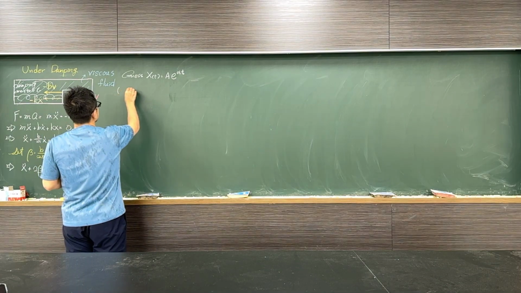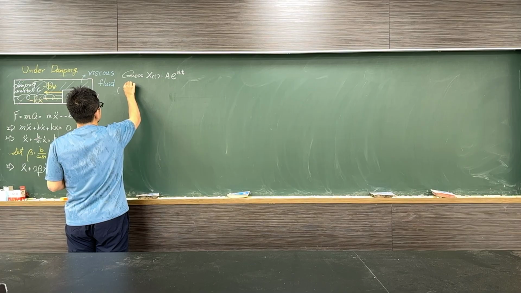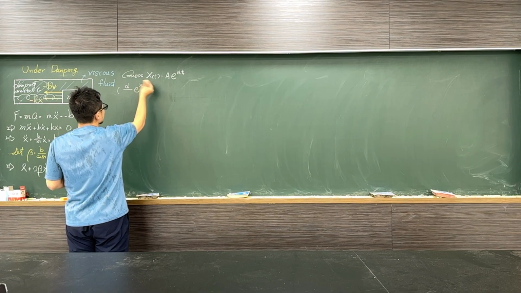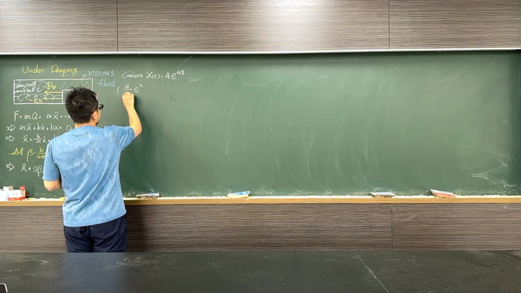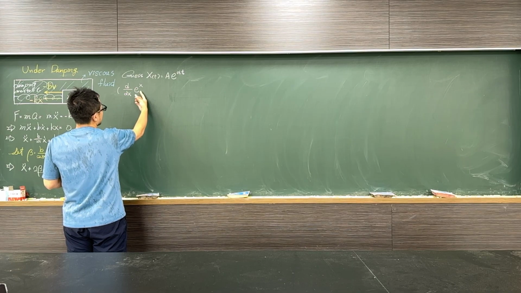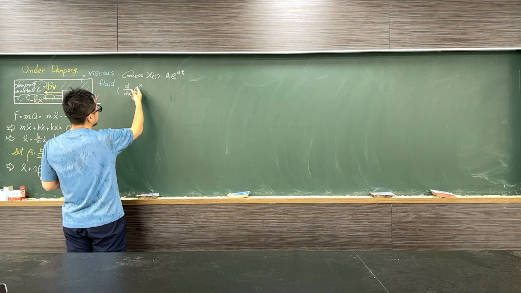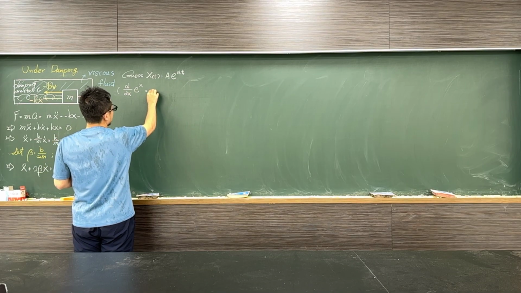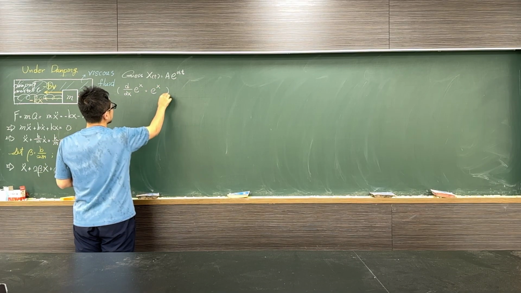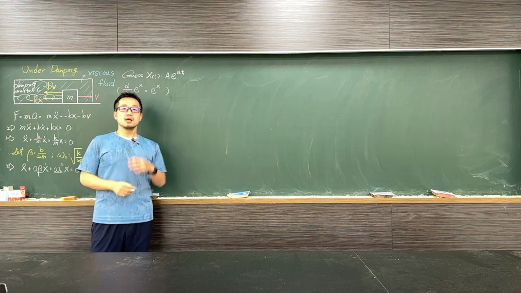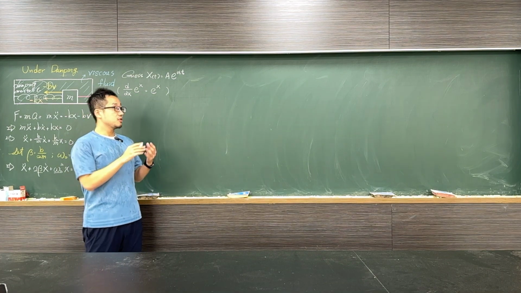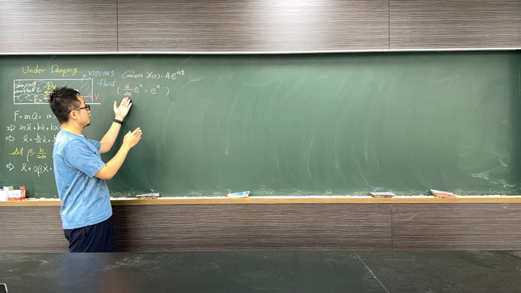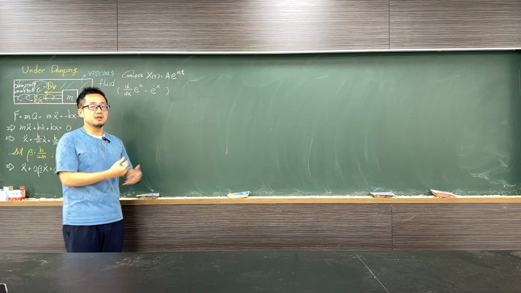For example, if you take the derivative of e to the power of x with respect to x, it always becomes itself.